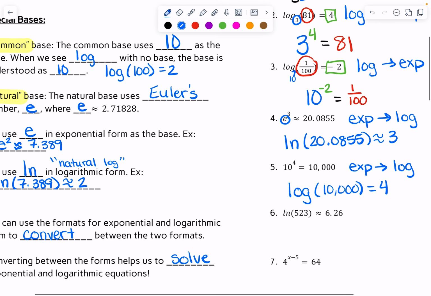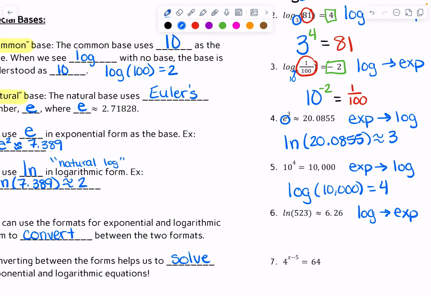Number 6 then, I'm seeing that ln, so I'd see a natural logarithm. So now I'm going from logarithmic to exponential. Once again, pause the video here, give this one a shot, see if you can convert it from logarithmic to exponential, and then restart your video and see if you got it correct.